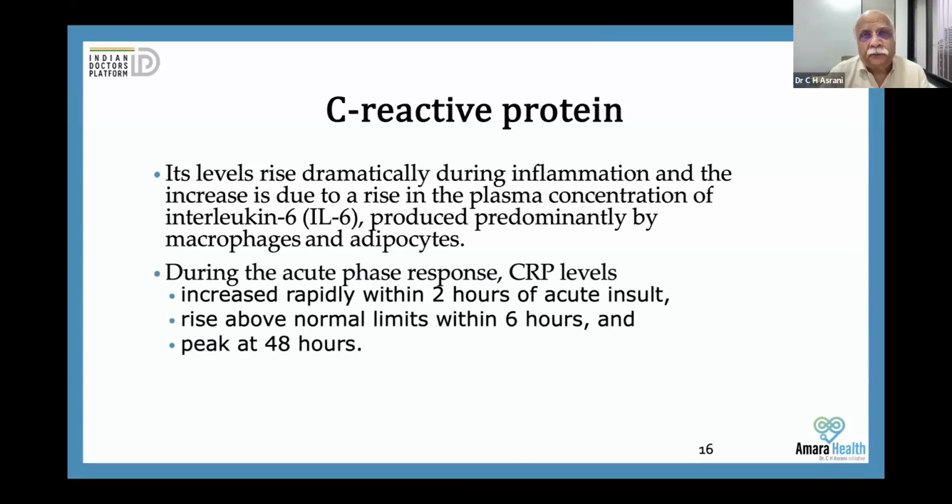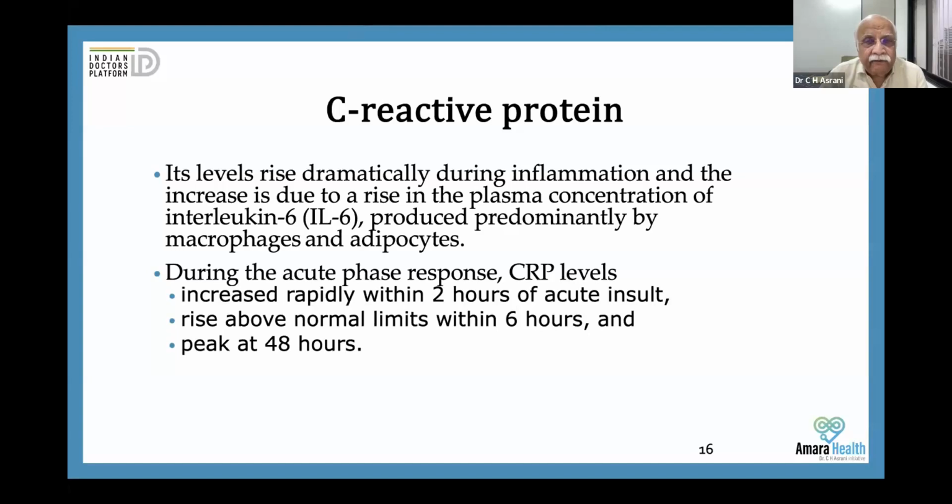During the acute phase response, CRP is indicative of acute inflammation. CRP increases very rapidly, within 2 hours of acute insult. It rises above the normal limit within 6 hours, and it peaks at 48 hours. That is the way it is.